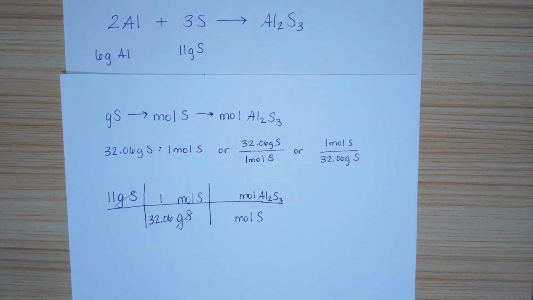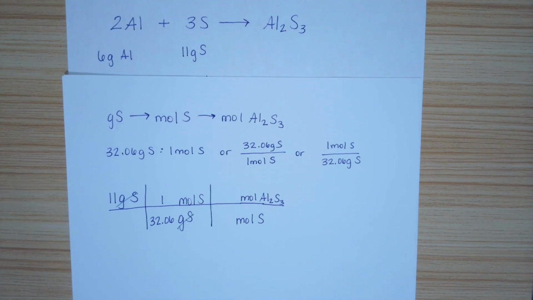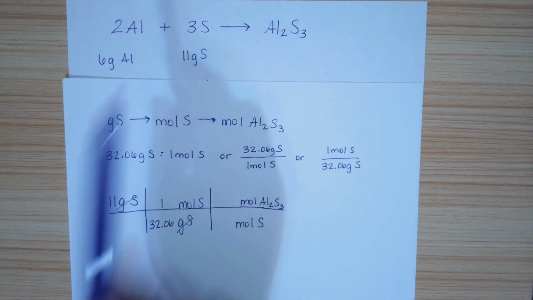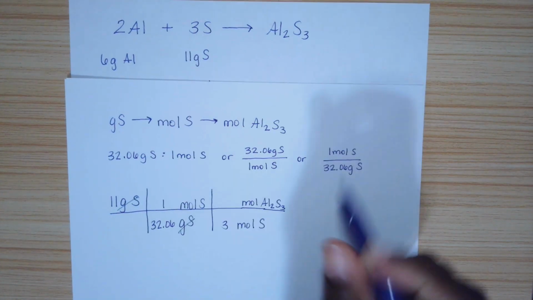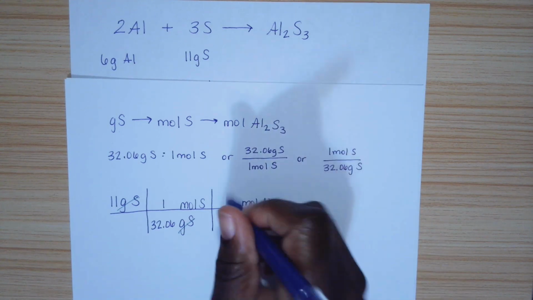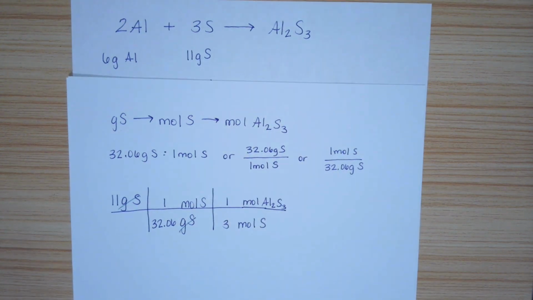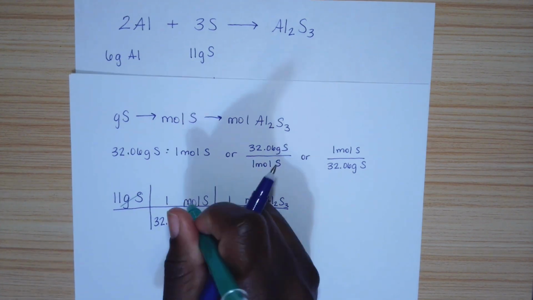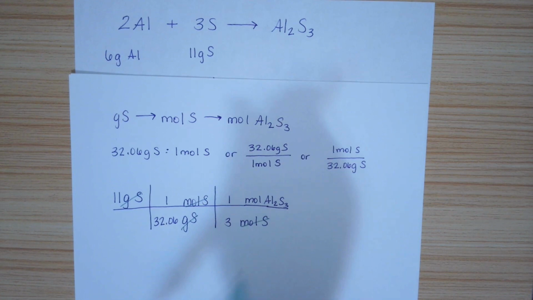These numbers come from your balanced chemical equation, because that balanced equation tells us that for every 3 moles of sulfur that react, 1 mole of aluminum sulfide can be produced. So it's telling you how these are related to one another. At that point, our moles of sulfur have canceled. The unit that we're left with now would simply be moles of aluminum sulfide.